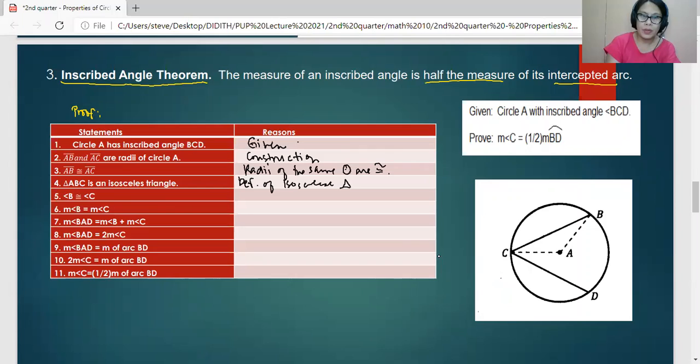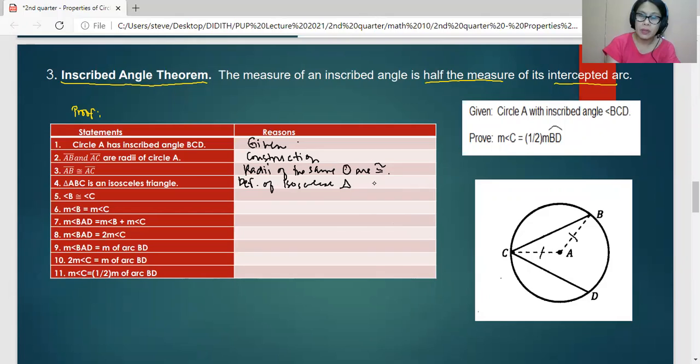In the previous statements, we verified that the two radii of the same circle A are congruent, and these two radii are the sides of this triangle. So this triangle is an isosceles triangle based on our definition.